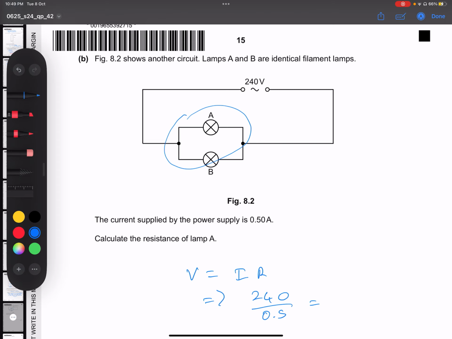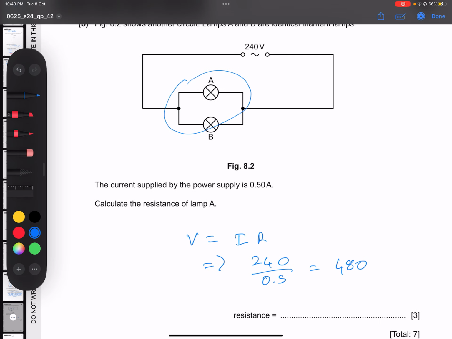240 divided by 0.5 is 480, and we know that 480 is the total resistance of this entire setup. The resistance of A we can just take as R, and the resistance of B is also R. So R times R over R plus R is equal to the total resistance, which is 480.